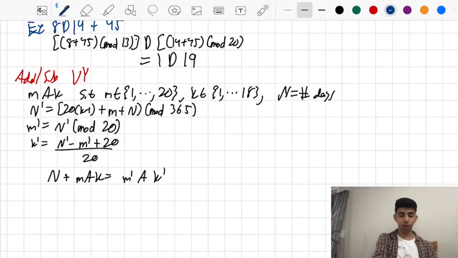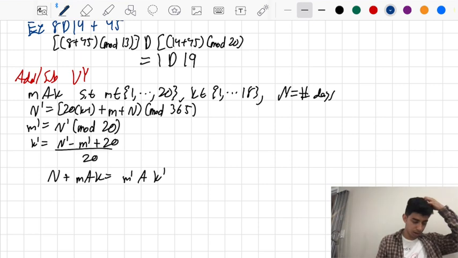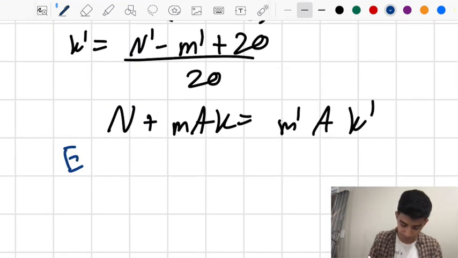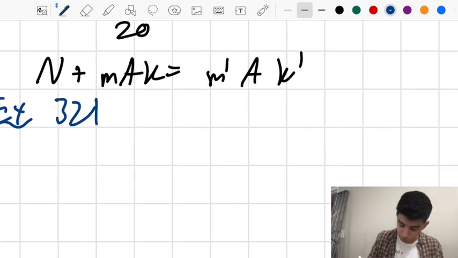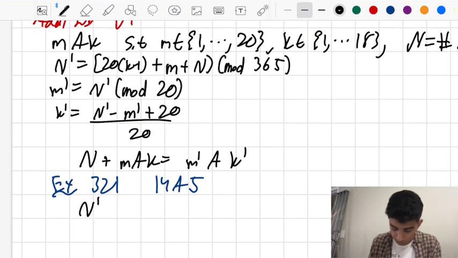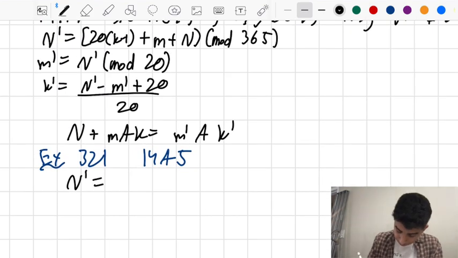And I have an example in the notes where it goes through it, or I'll actually go through that example. So let's say we wanted to add 321 days to 14A5. So we're going to use above N prime.